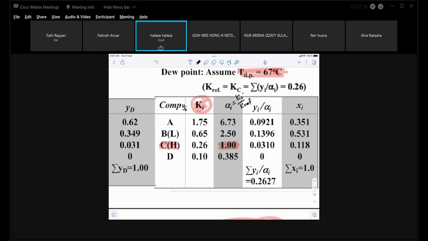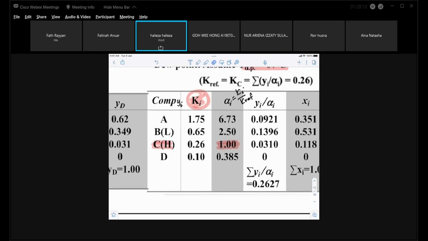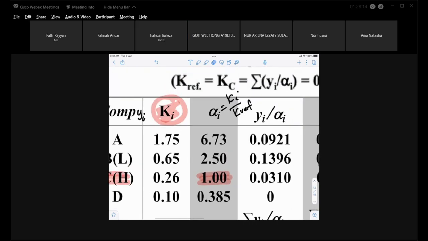My reference is component C. So 1.75 divided by 0.26, I should be getting 6.73. My K value for component A is 1.75, and for component C, 0.26. So that's how I get my alpha for component A, and I do the same for the rest.